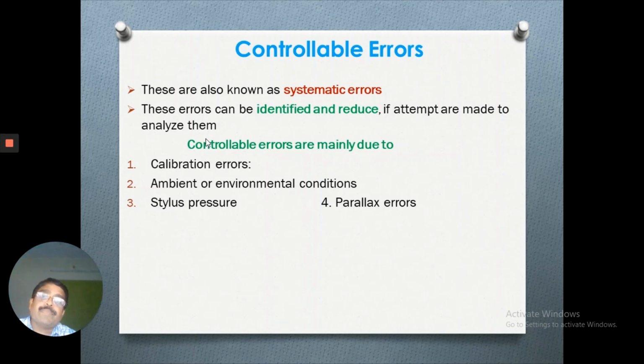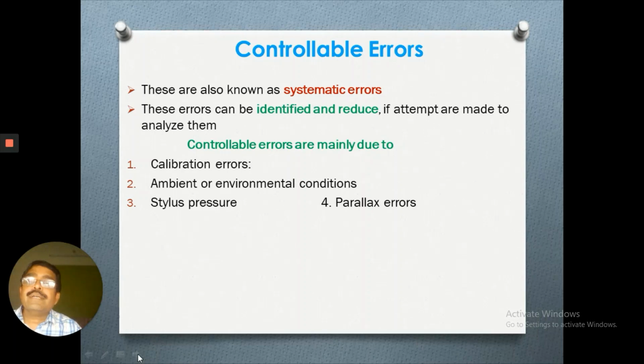When I'm talking about the environmental condition, if you measure a job at 20 degrees Celsius, which is the standard, then the readings we take will repeatedly give the same results. There will be no change in the reading. But as the temperature changes, there may be a variation in the readings. That's why it has been suggested that you should measure the component at 20 degrees Celsius.